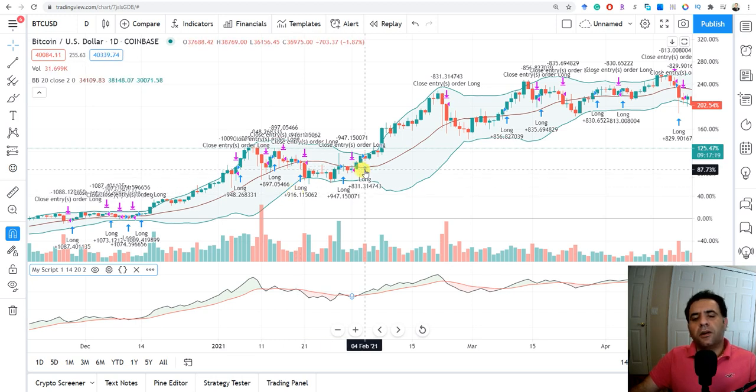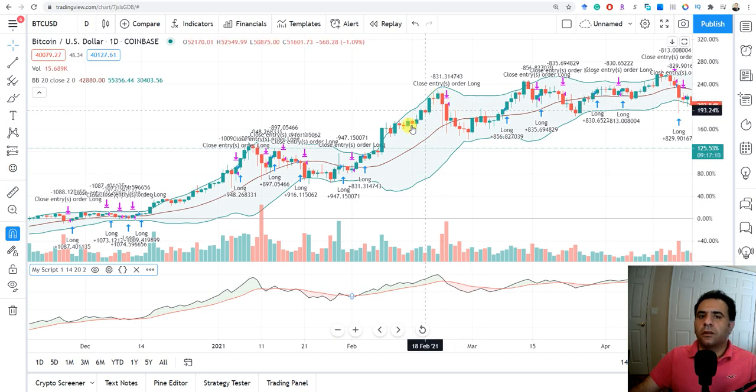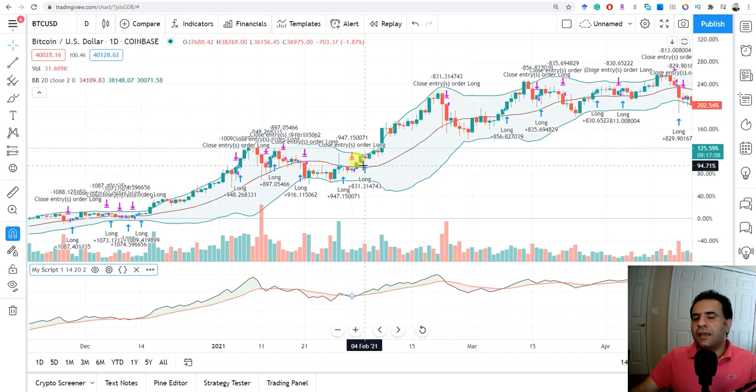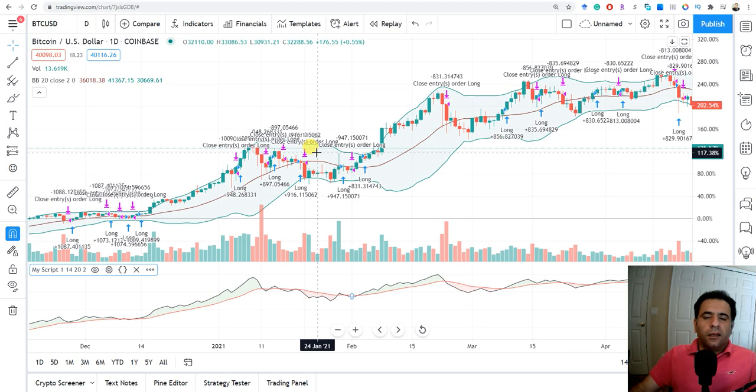Like it buys here and sells here. It could be awesome if it had bought here and sold here, but even here is good. It's safe. If you combine this strategy with some other, faster strategies, I think the performance is going to be even better.